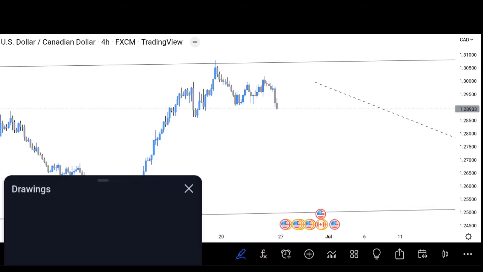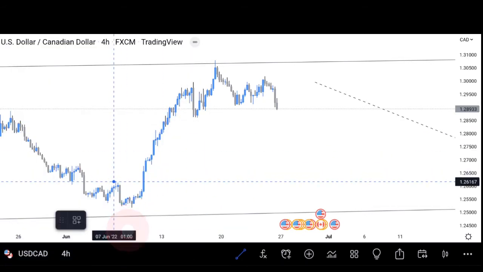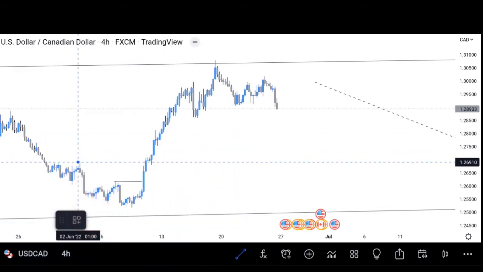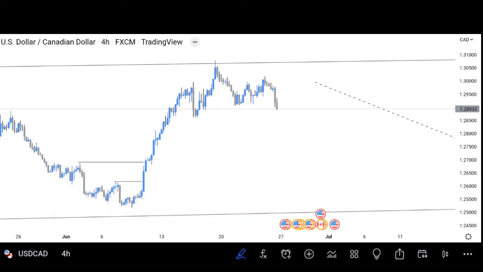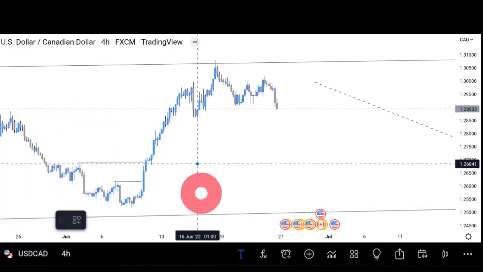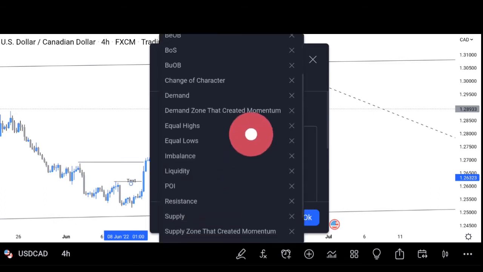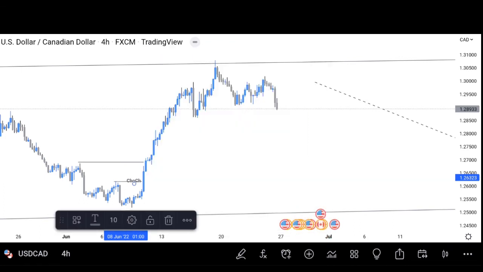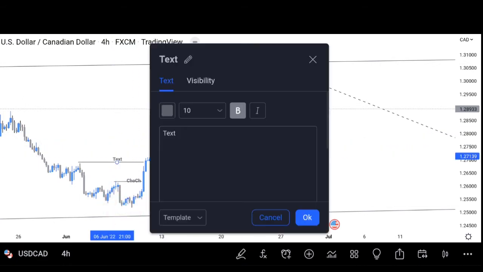Now, the market in the 4-hour chart changed character here, then broke structure here. Change of character. Break of structure.